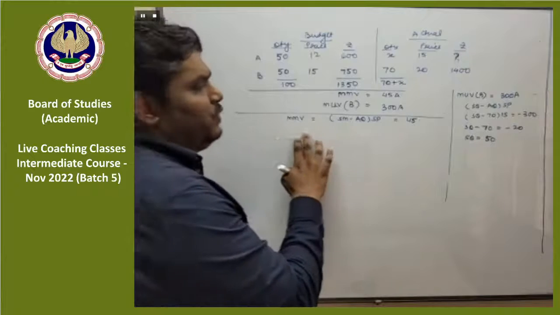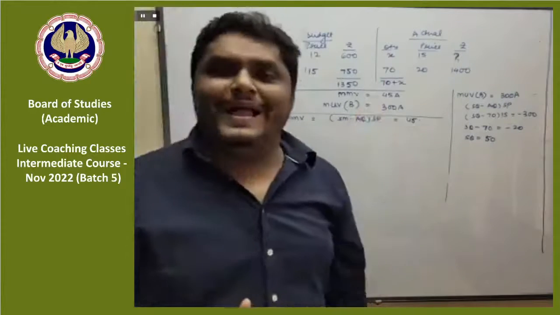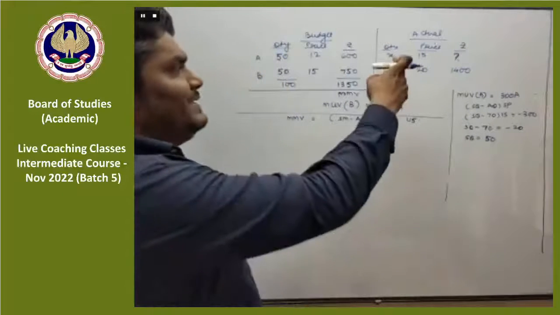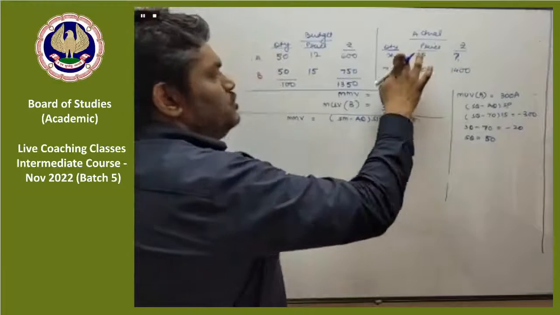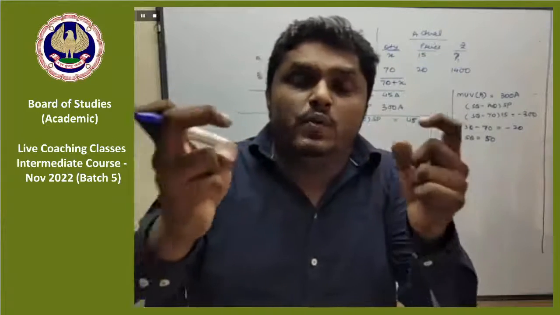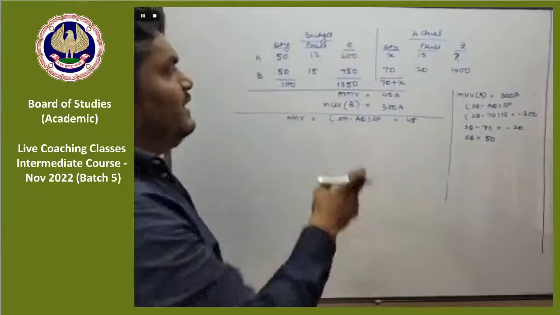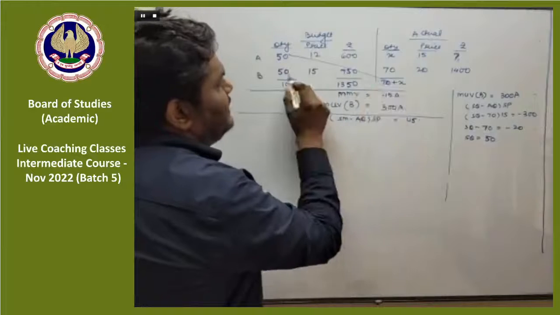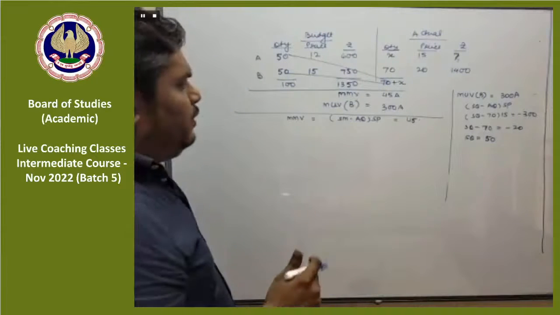Now see, we have to use material mix variance to calculate the actual quantity of A. So let's assume that the actual quantity of A be X. So the total will be 70 plus X. This is the total actual quantity. When talking about standard mix, this 70 plus X should be in the ratio of 50:50. So let's apply the formula.